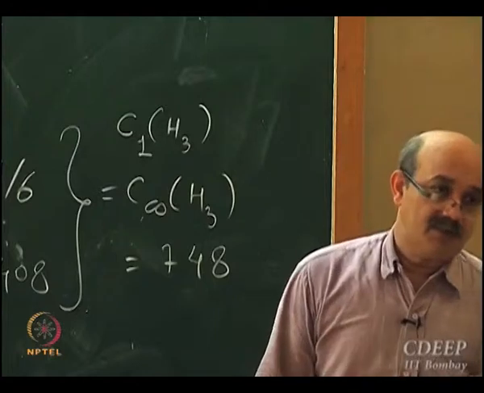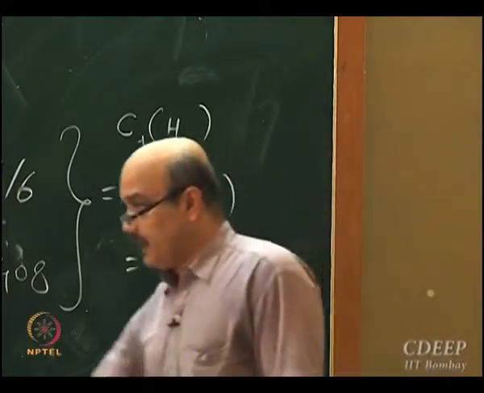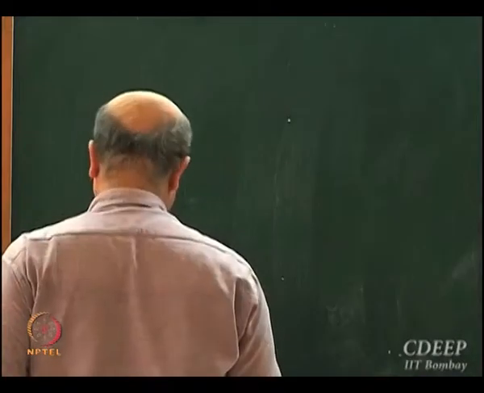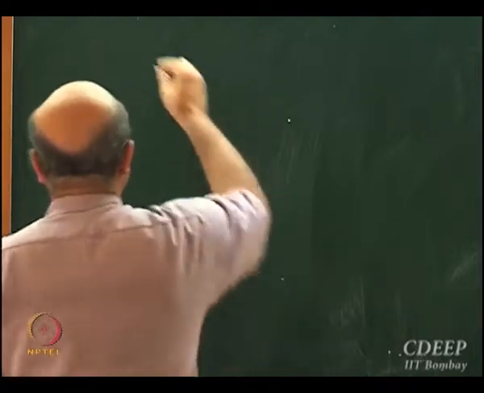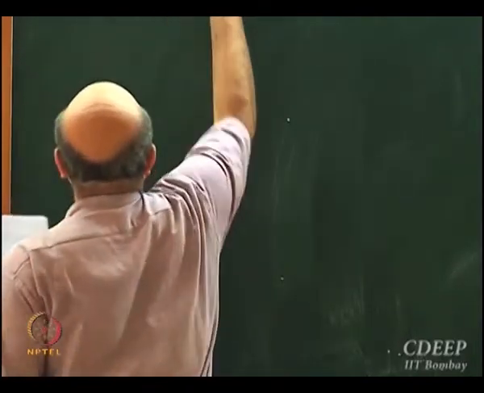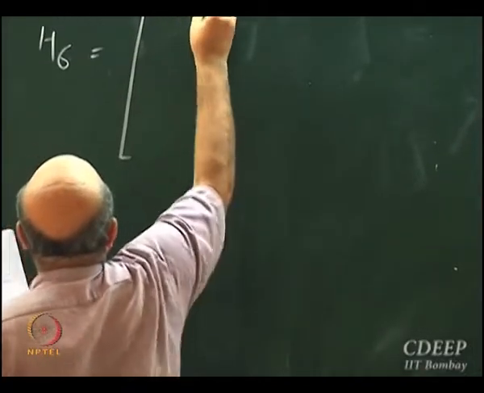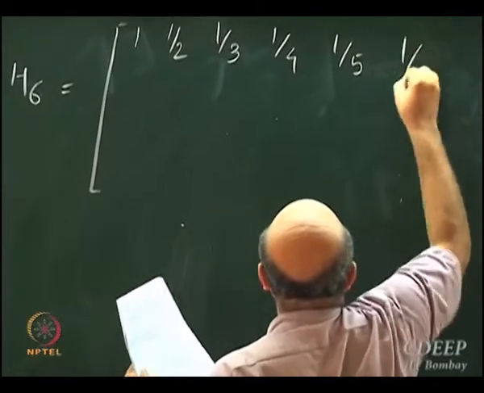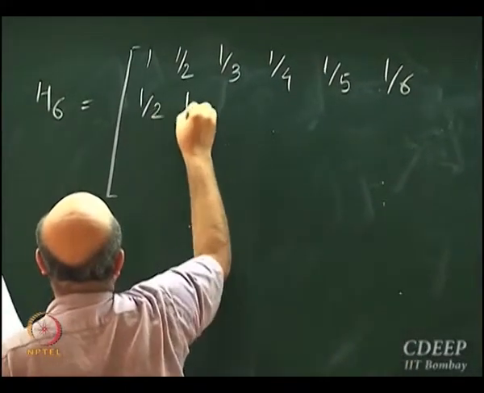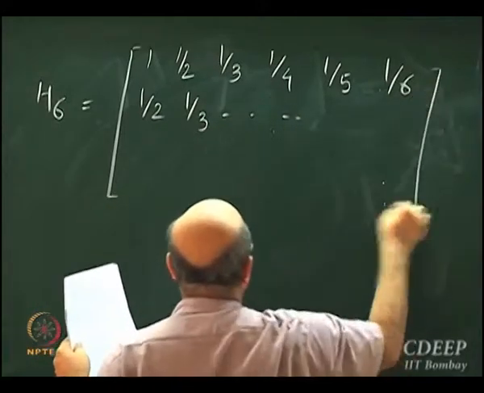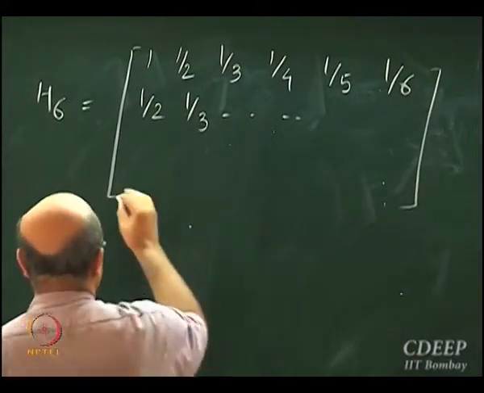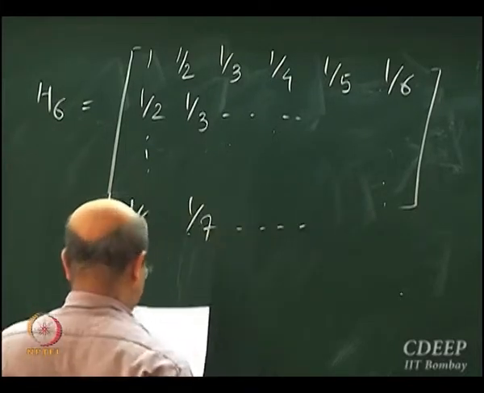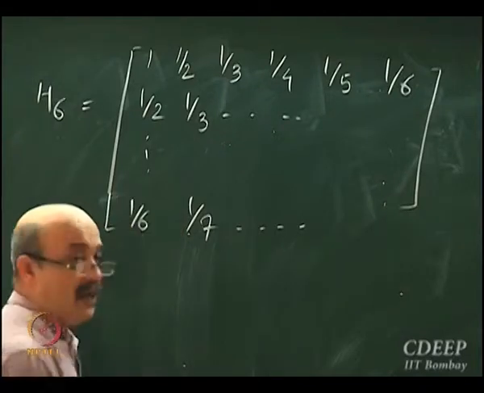Let's see what happens if you want to fit a 6th order polynomial. H6 would be 1, 1/2, 1/3, 1/4, 1/5, 1/6; 1/2, 1/3, and so on, up to 1/6, 1/7.